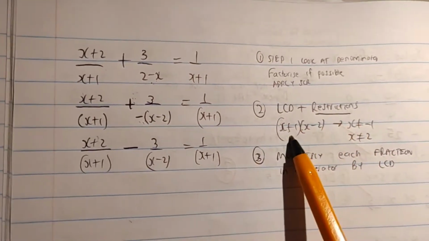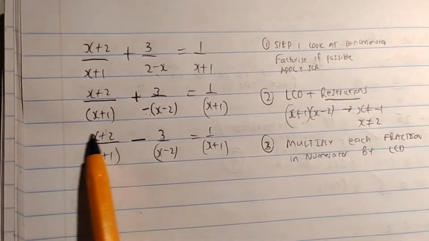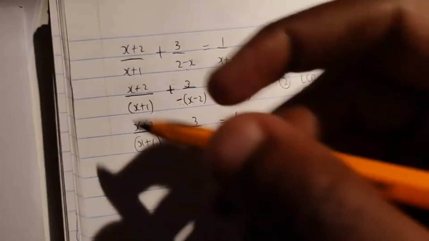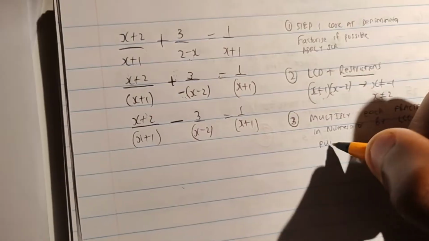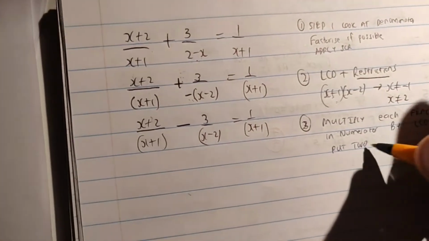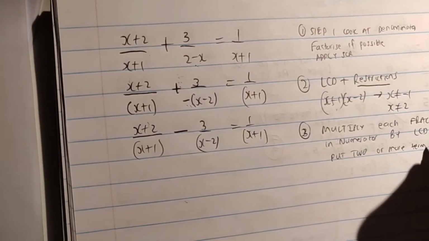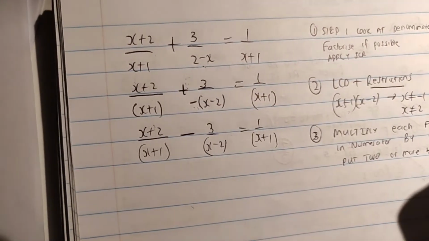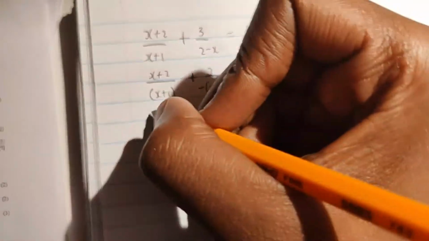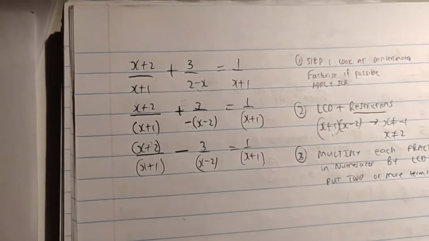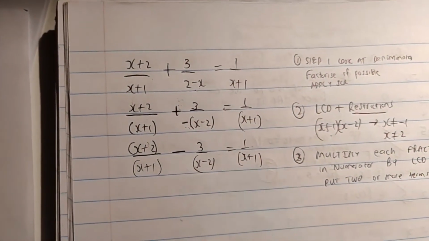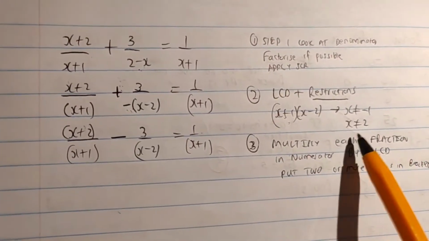So if we take this x plus 1, x minus 2, and we multiply it here at the top, we put 2 or more terms for each fraction in brackets. So x plus 2 is 2 or more terms, I'm going to put it in brackets. 3, not so much. 1, I don't really mind because it's not 2 or more terms.